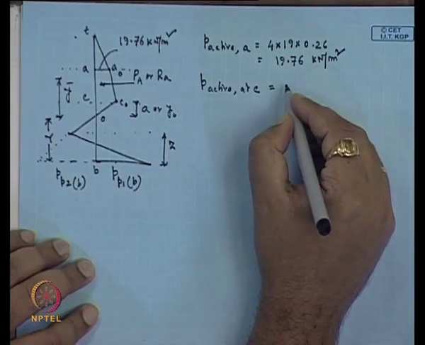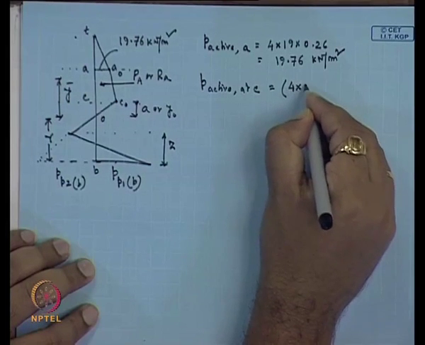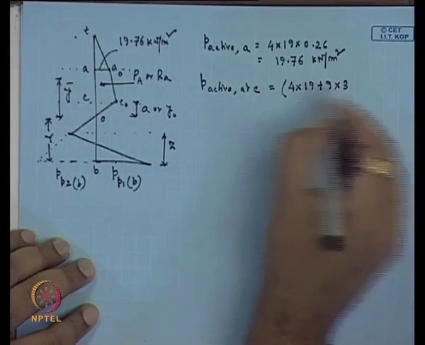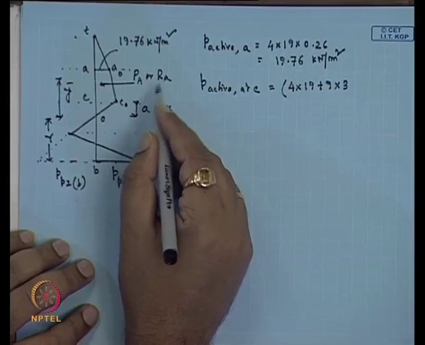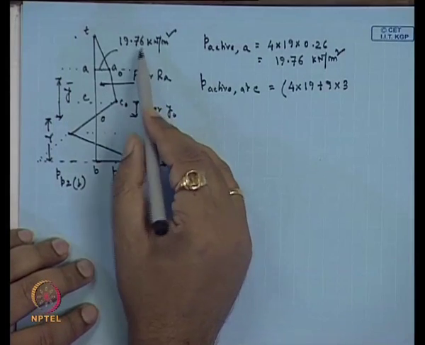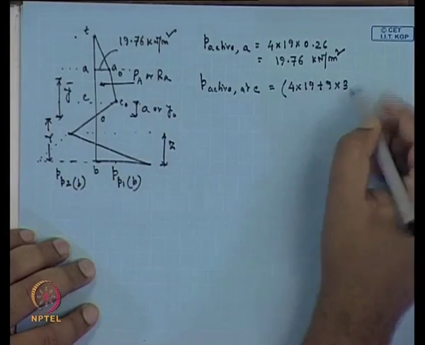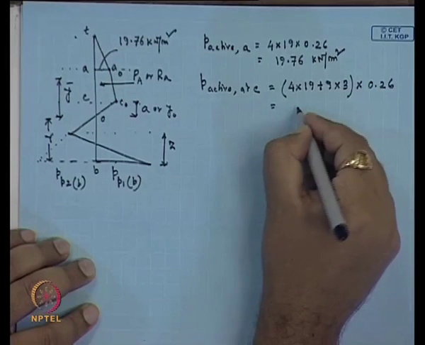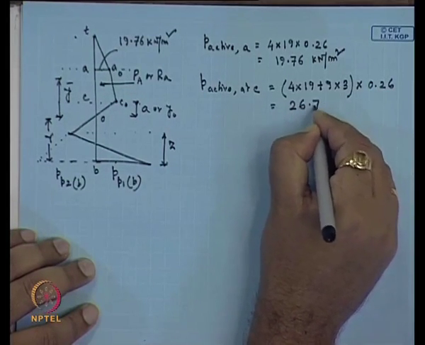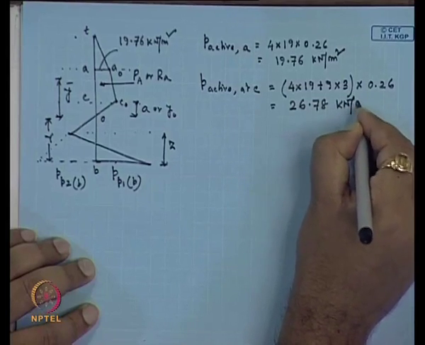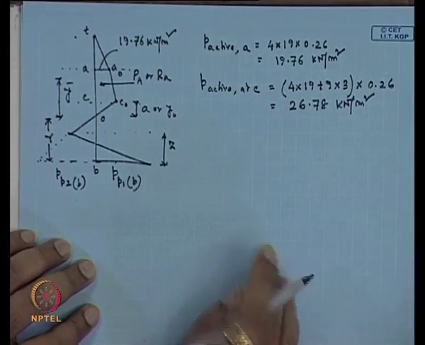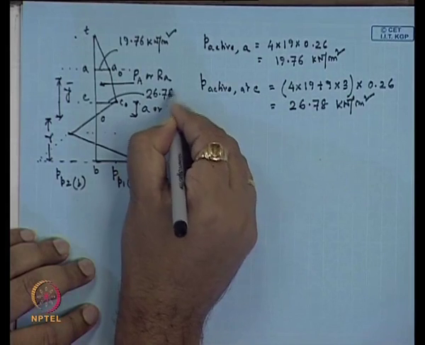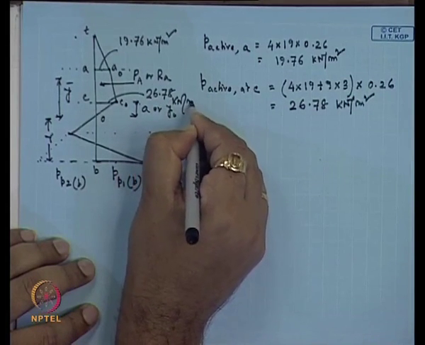So, we can write this will be 4 into 19 plus 9 into 3, as here gamma is 9 and the height is 3, and in the top 19 is the gamma and 4 is the height, and then into active earth pressure coefficient, that is 0.26. So, the pressure at this point is 26.78 kilonewton per meter square.